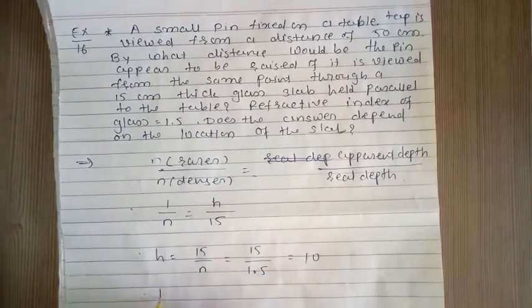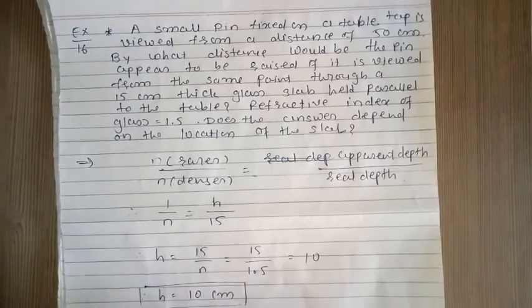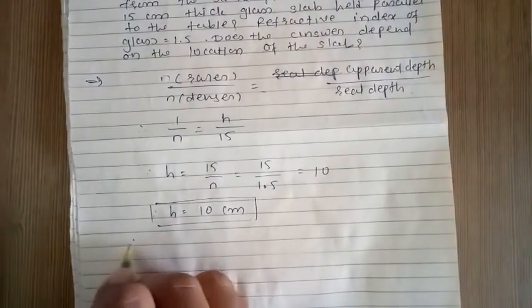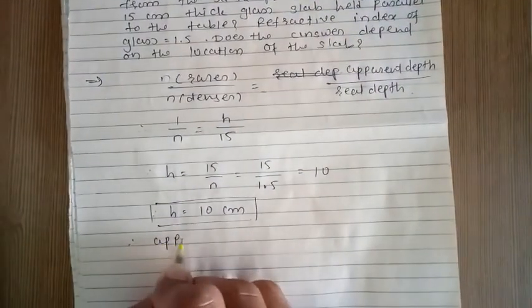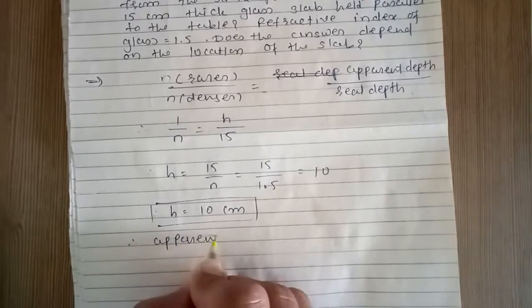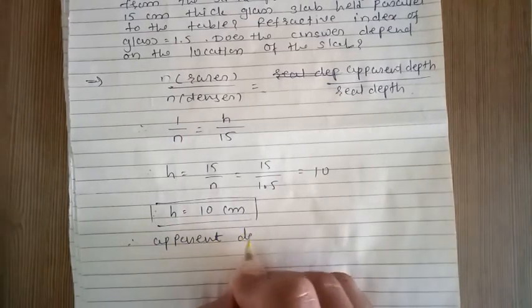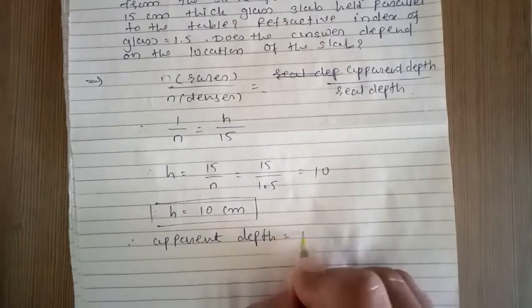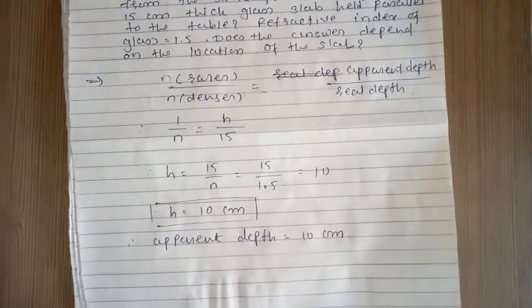So h is equal to 10 centimeter. This is our apparent depth.